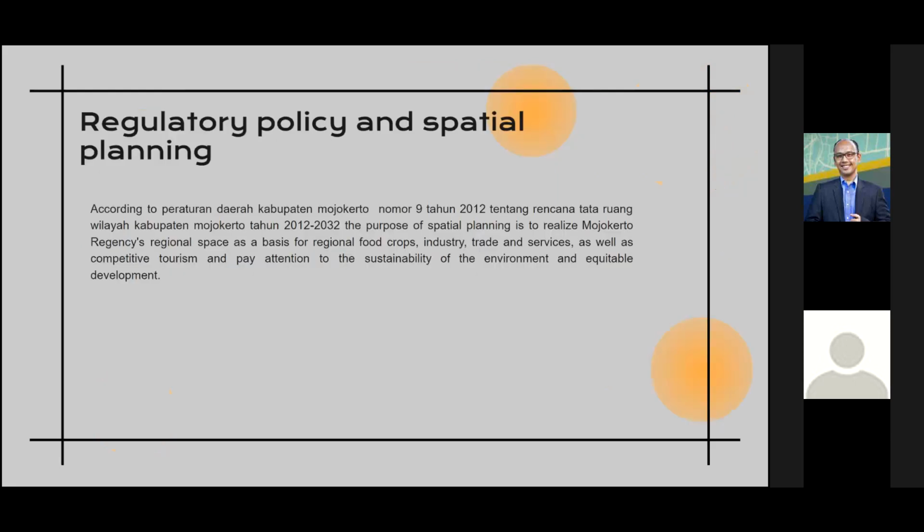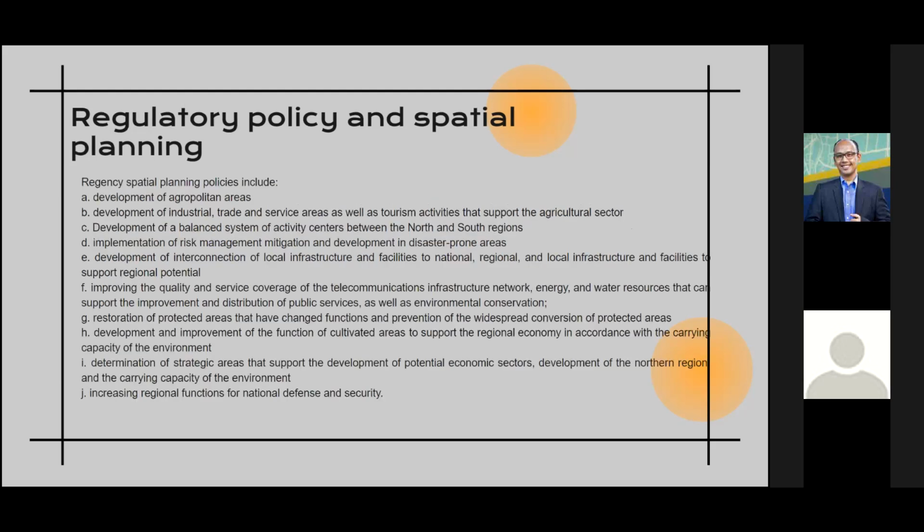According to the regional spatial plan of Mojokerto Regency, 2012 until 2032, the purpose of spatial planning is to realize Mojokerto Regency's regional space as a basis for food crops, industry, trade and services, as well as competitive tourism, while paying attention to environmental sustainability and equitable development. The regency spatial plan includes some areas.